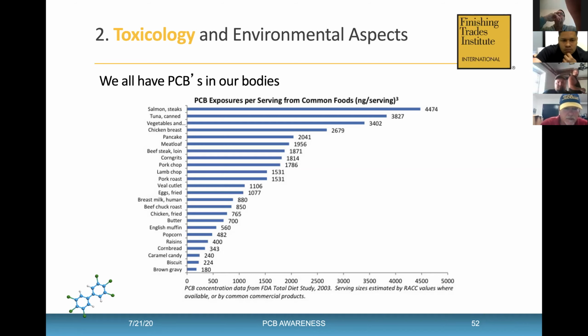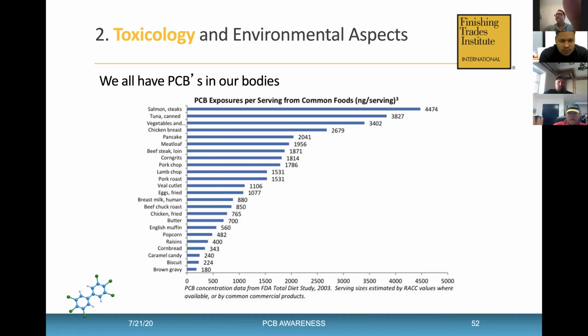Chicken breast, pancakes. Oh God, you're gonna attack pancakes too, PCBs? How dare you? But what are they made out of, right? They're made out of flour, and what's that made out of? Meatloaf. Now, meatloaf, that probably could be considered a hazardous food substance no matter what's in it, because meatloafs often can be suspect, at least the stuff that I grew up with.